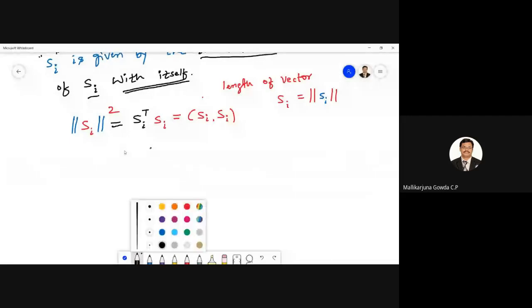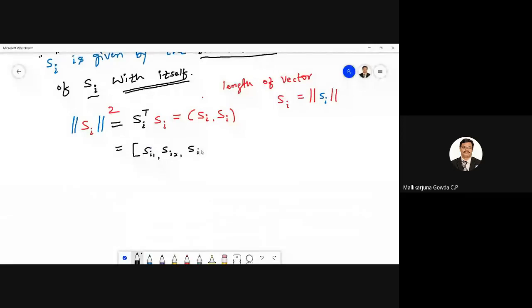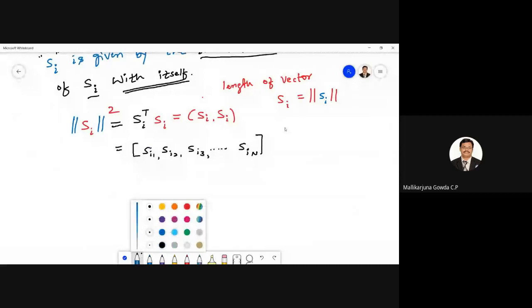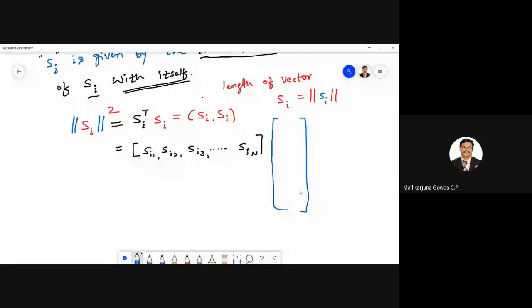If I write this Si as a row matrix, Si1, Si2, Si3, and so on up to SiN, the transpose of this will be a column vector: Si1, Si2, and so on up to SiN.